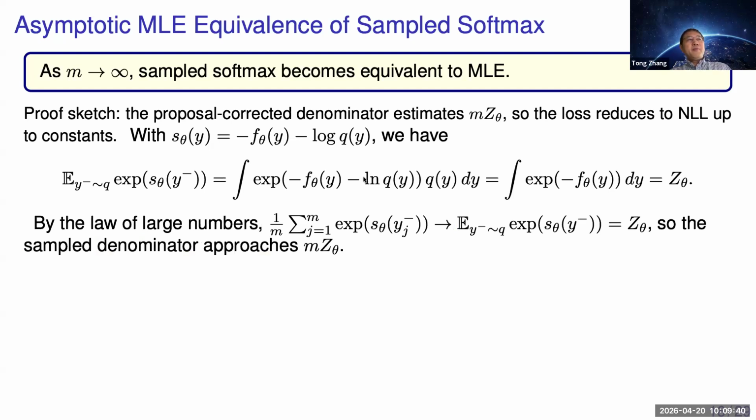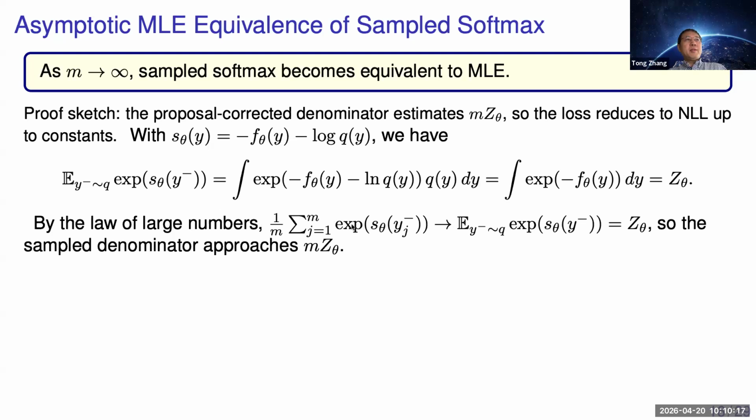So if you look at the minus L and this term, they cancel, and essentially this becomes the partition function. When I draw samples from Q and sum this term, it becomes a partition function. And by the law of large numbers, these are my negative samples in my sampled softmax, divided by 1 over M, and it goes to Z theta, the sampled denominator.